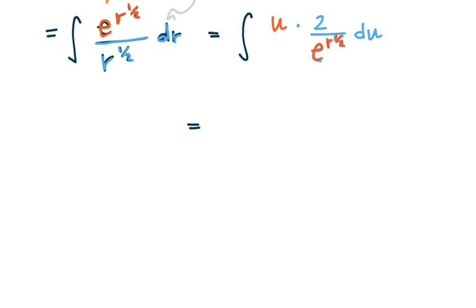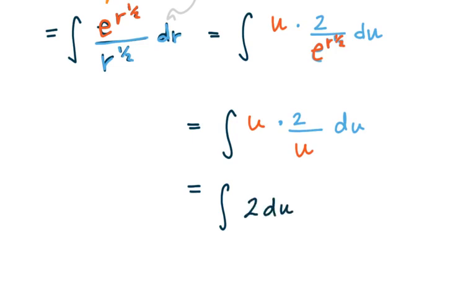So this is u times 2 over something du, and we said that that something in the denominator is u. Now, if I look at simplifying this, my integral is 2 du. And that is very easy for me to integrate. When I integrate that, I get 2u plus c.